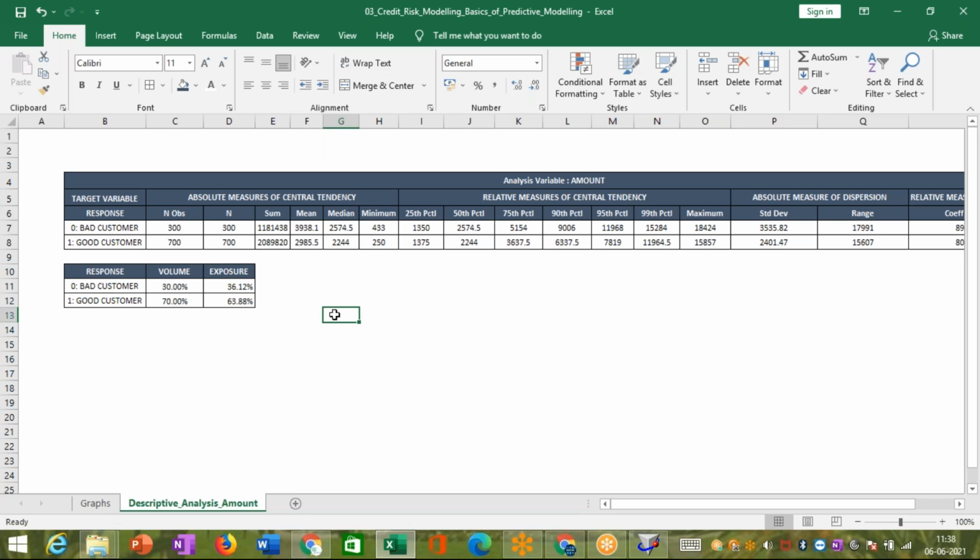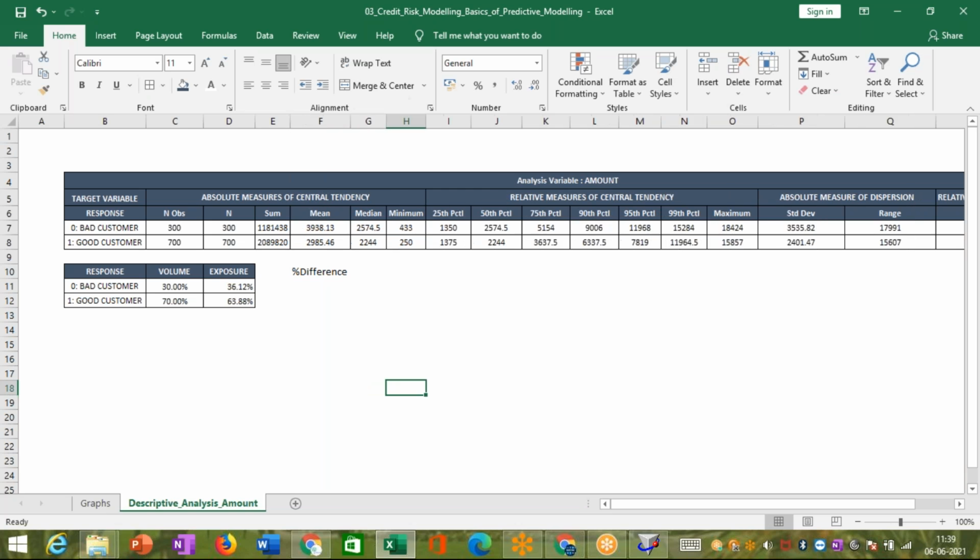Over here, we need to assess the percentage deterioration or the percentage difference. So I'll create another table where I will map the percentage difference. I have mean, median, minimum.